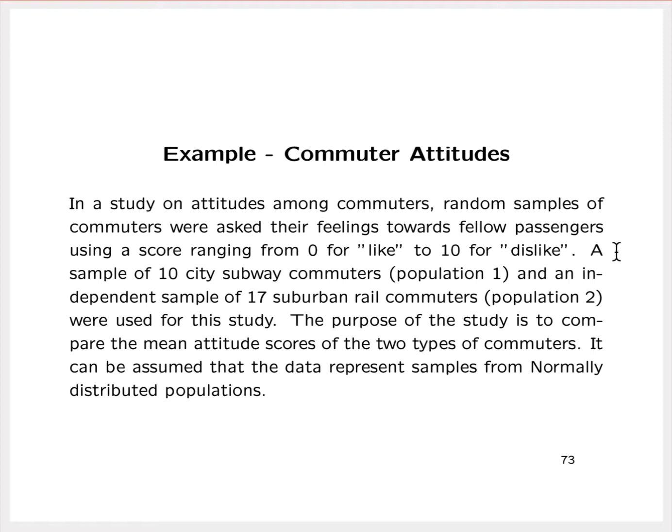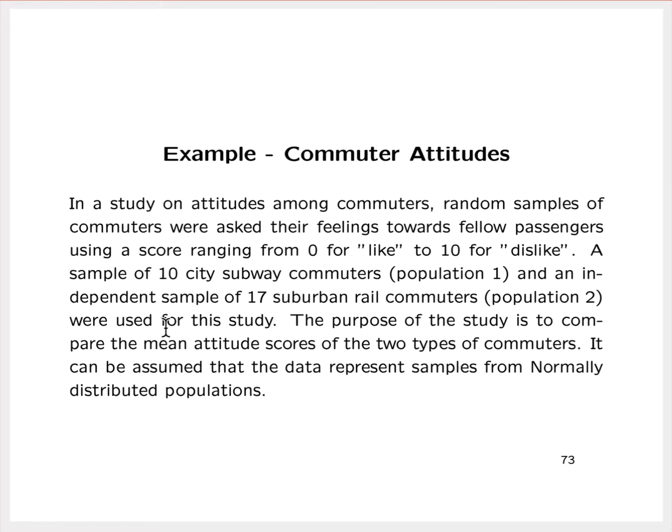Now, let me just say a couple things. Number one, we see that both sample sizes are less than or equal to 30. And so in coming up with the critical points, we're going to have to use the t-table, and we will use the approximation that we have for the degrees of freedom, which would be the minimum of the degrees of freedom associated with the two samples.